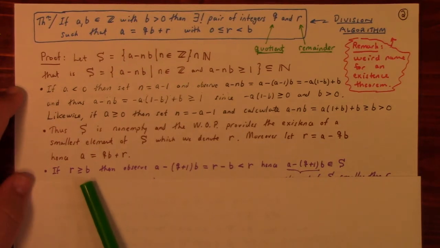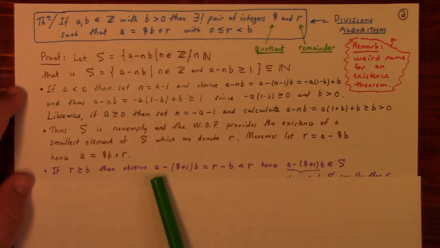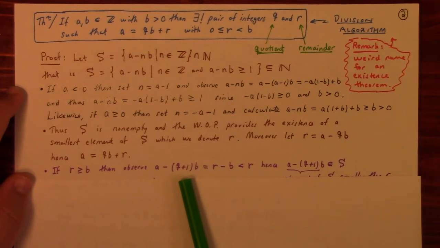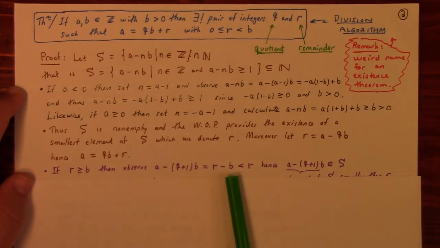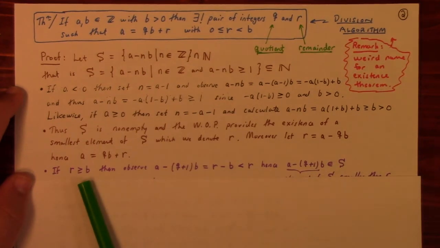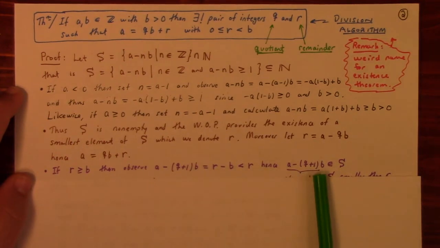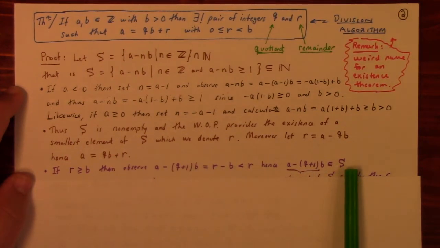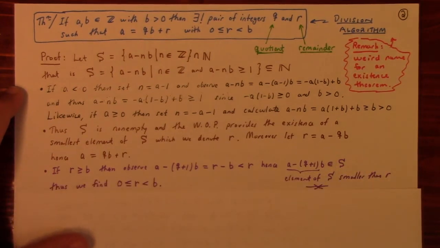If r is greater than or equal to b, then if we look at a minus (q plus 1)b, that's r minus b, and that is less than r under this consideration, which then means that a minus (q plus 1)b is in S, and that's a problem because that's going to give us an element of S which is smaller than r.